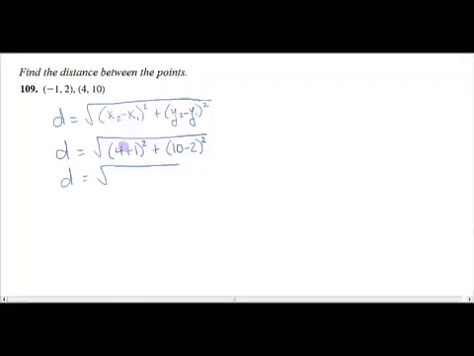So I have the square root of this is 5 squared, plus 10 minus 2 is 8 squared. So the distance is going to equal 25 plus 64 in my square root, which is the square root of 89. Now 89 is not going to break down, so that's just our distance, the square root of 89.